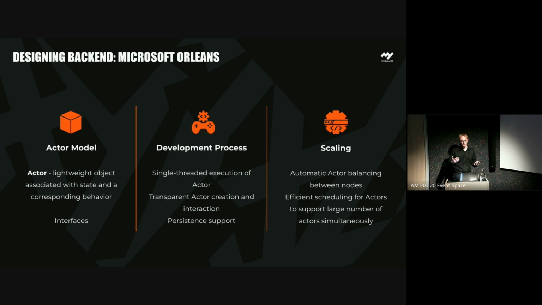So if you need to scale up, you can start a new node, and Orleans will see that this node has no load, no actors. It will move some actors from the previous nodes to the new one, or if you don't allow moving, it will allocate new ones there, and the old ones will at some point be disabled and moved to the new one.